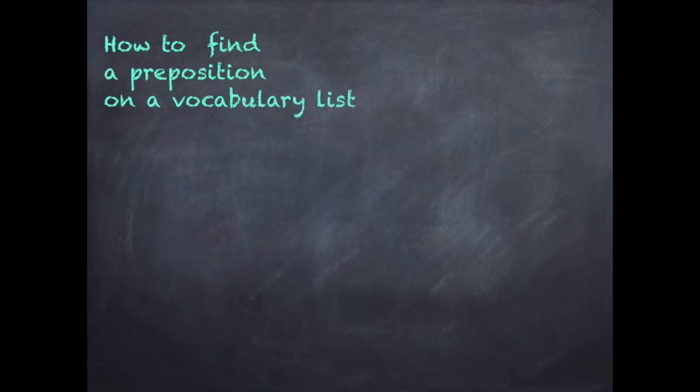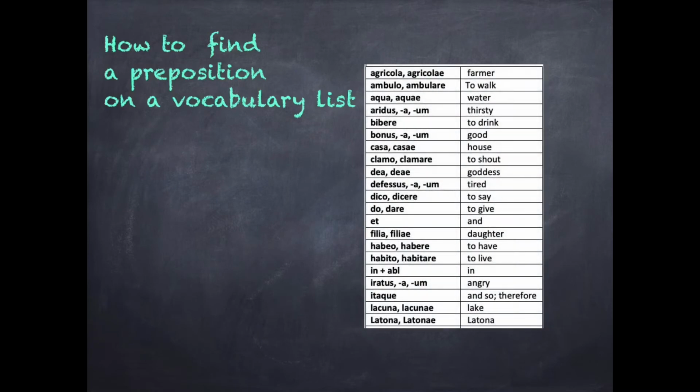So let's talk about how to know what a preposition is when you are looking at a Latin vocabulary list. Here we have a vocabulary list, and a preposition is one of the little words on the vocabulary list. Like it could be et, that's a little word, or maybe it could be in, that's another little word.